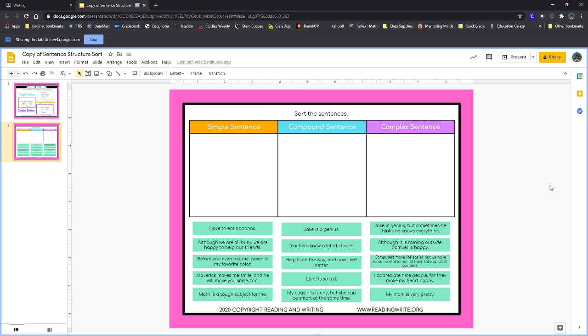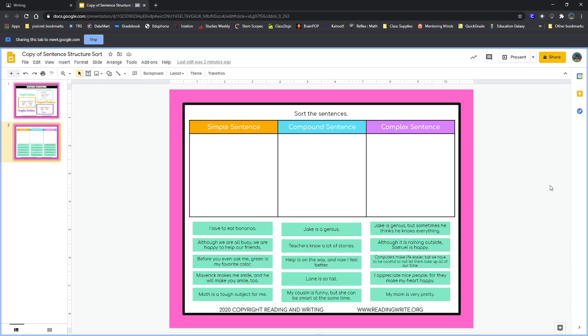Now, compound sentences are usually a bit longer. Remember, compound sentences have 2 complete sentences, 2 simple sentences that we combine using a comma and a conjunction.